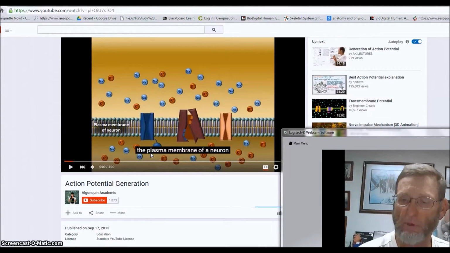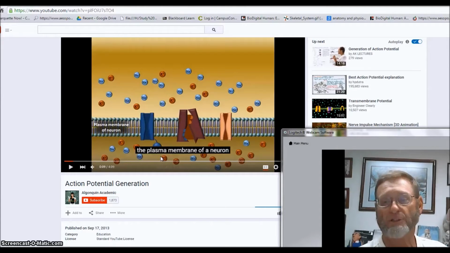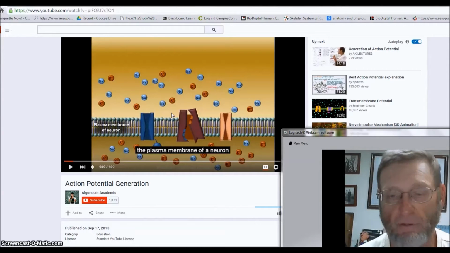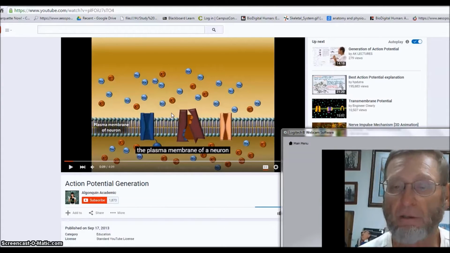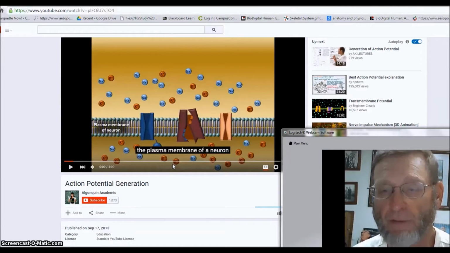Is it active transport? No, it is not. It's passive, it's diffusion, because there's a high concentration gradient with a high concentration outside, a low concentration inside, and so these ions that are at higher densities outside rush in to equalize the situation between both sides of that membrane.